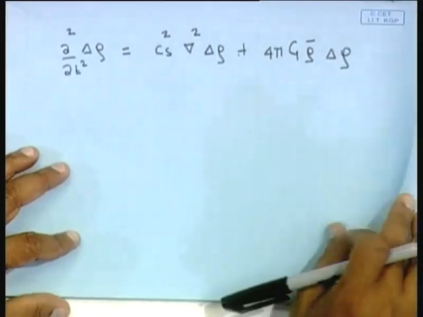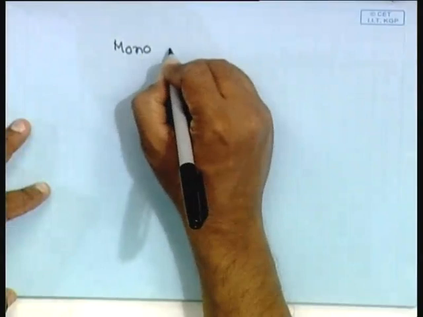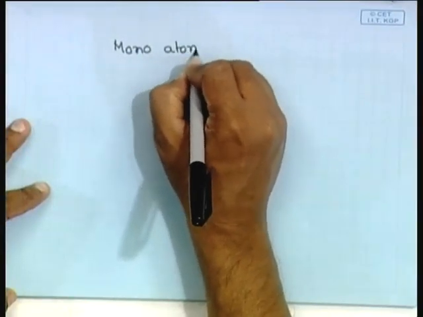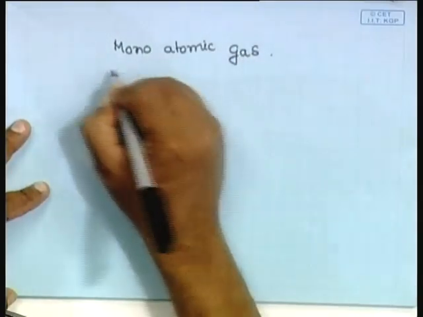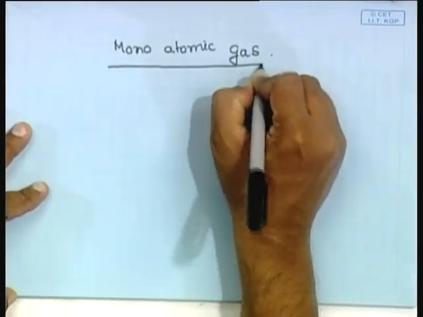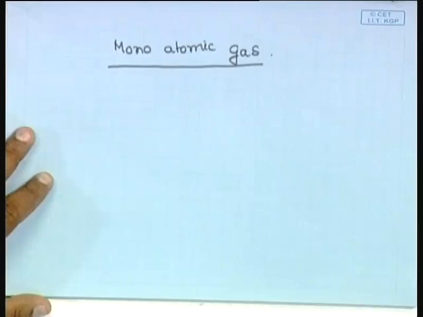Before going any further, let me explain to you how we can calculate the partial derivative of p with respect to rho. So, we have a gas, let us consider a monoatomic gas as our specific example. This exercise could be done for any medium. Let me just do it as an example for a monoatomic gas.